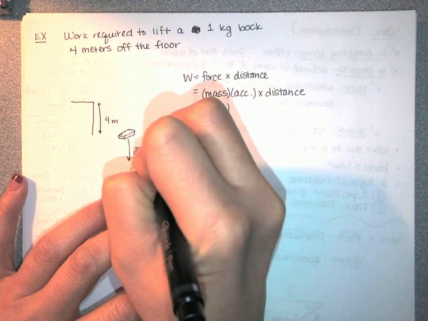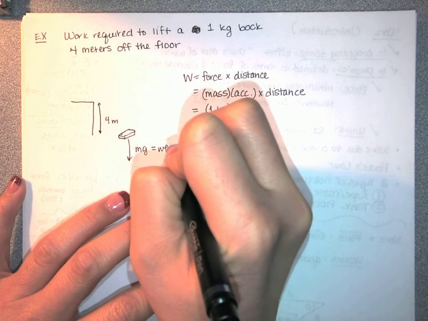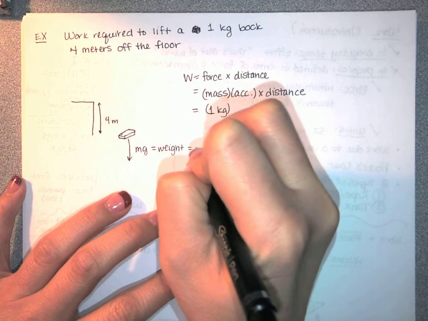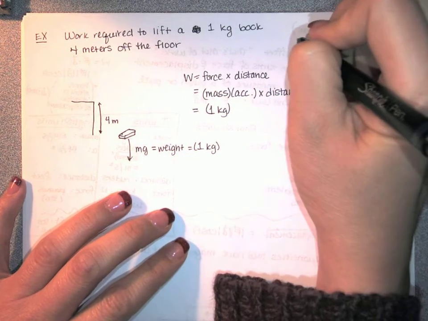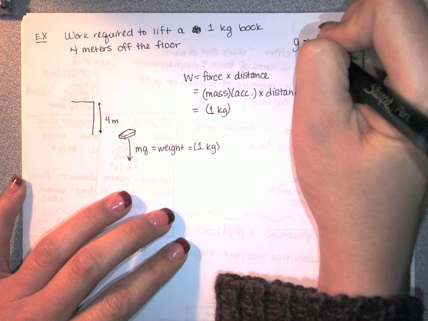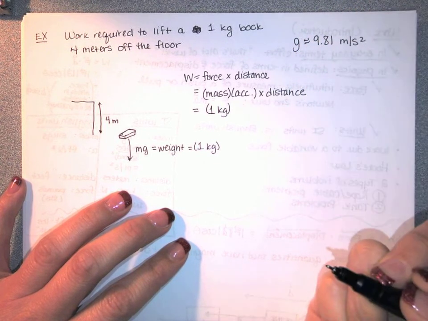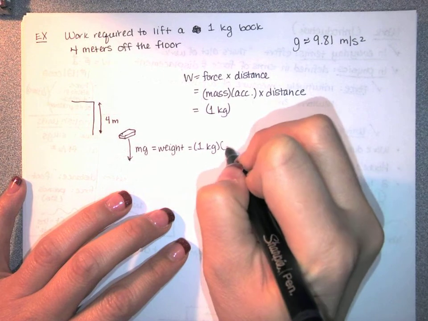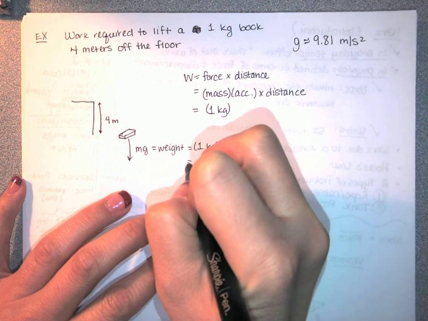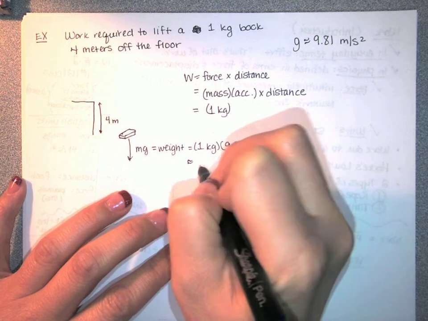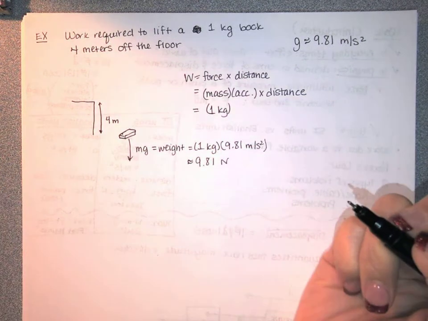The force acting on that book is its weight. So that's mass of 1 kilogram times acceleration due to gravity. Acceleration due to gravity in SI units is approximately 9.81 meters per second squared. So we're going to take 1 kilogram and multiply it by 9.81 meters per second squared. That's going to give me 9.81 newtons, because a kilogram times a meter per second squared is a newton.